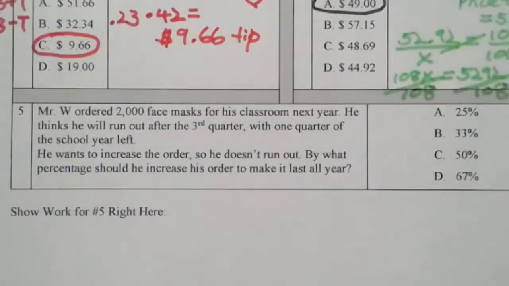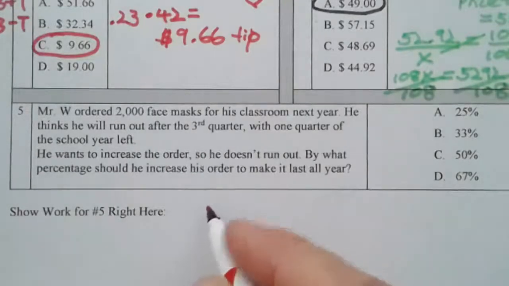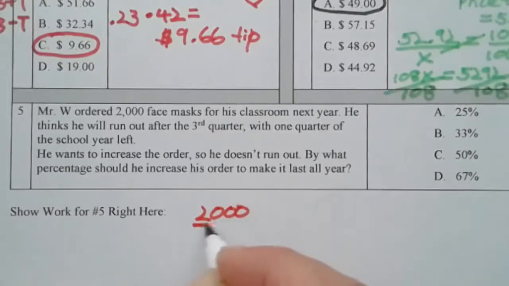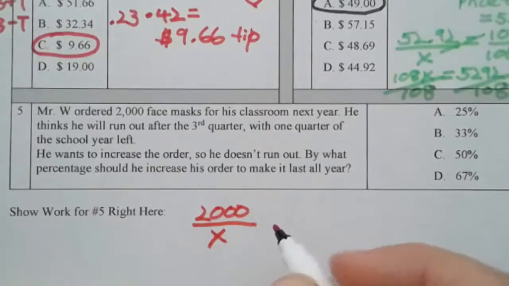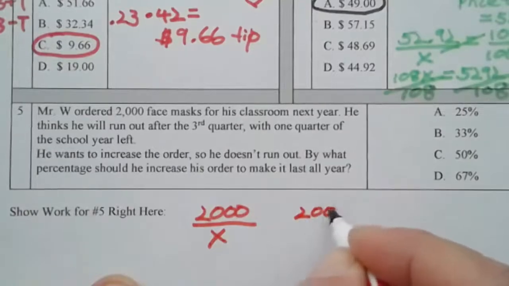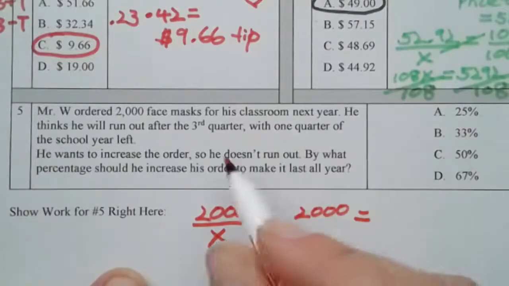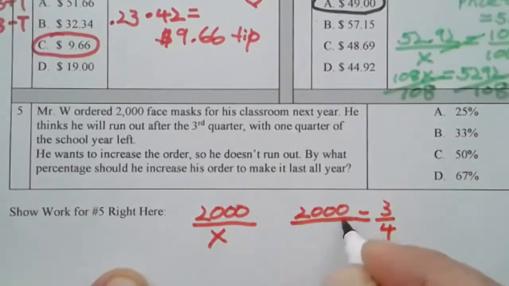So let's go back to that red one. Sorry this video is so long, but you're getting the explanations here. So he has 2,000. He wants more. 2,000 is 3/4 of what?